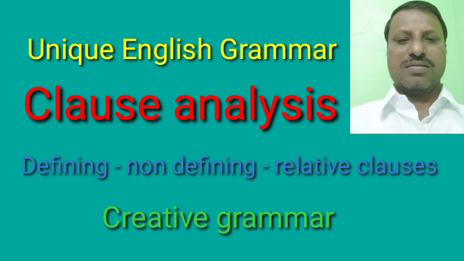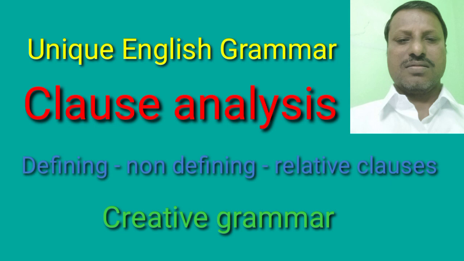Some fruits are in the fridge, some fruits are in a box, but all are not spoiled; particularly those kept in a basket are spoiled. So, it is a defining relative clause. It defines the subject.